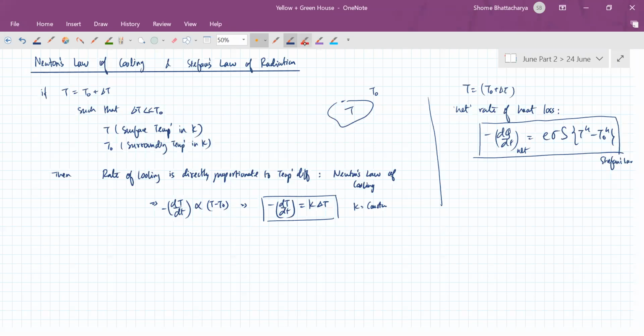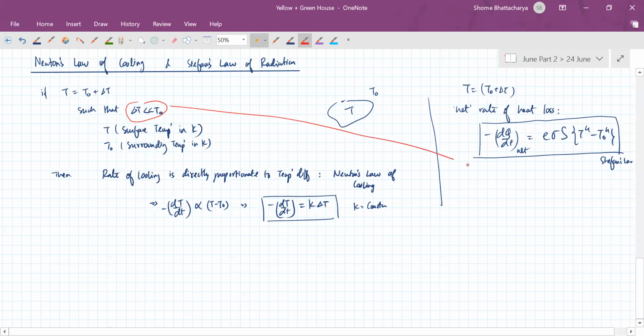Let's understand that. Now if we apply the condition that delta T is small compared to T naught, so T is equal to T naught plus delta T, where delta T is small compared to T naught, then the term inside the bracket, T to the power 4 minus T naught to the power 4, can be expressed in a slightly different way using a binomial approximation.